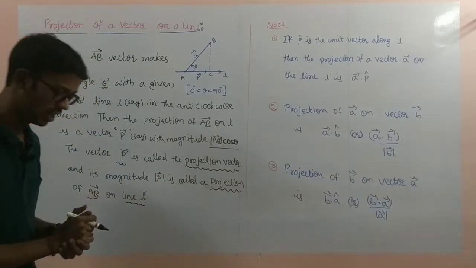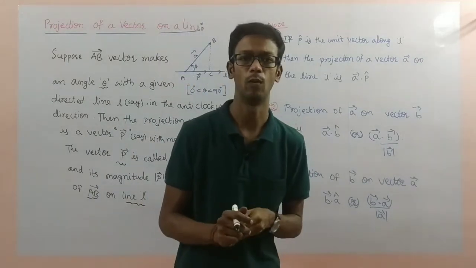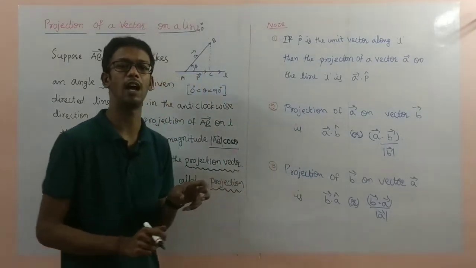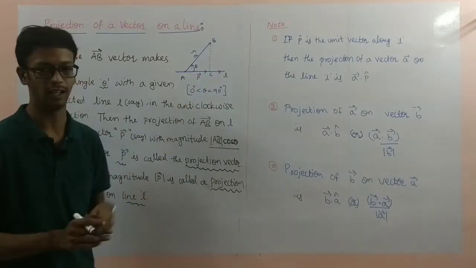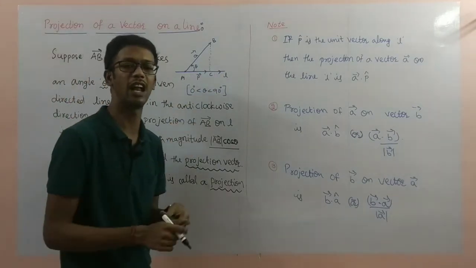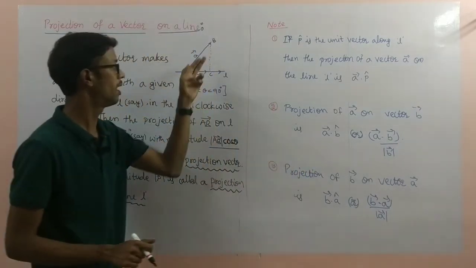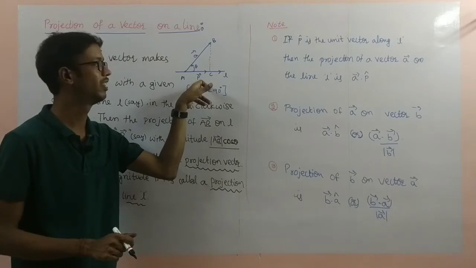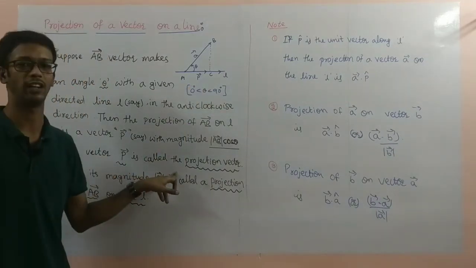Once again I am repeating, projection is nothing but like a shadow. AB bar is a vector. It makes an angle theta with the directed line L in the anti-clockwise direction. Then the projection of AB bar on line L is denoted by P bar. P bar is called a projection vector.